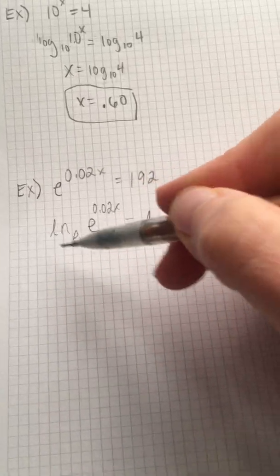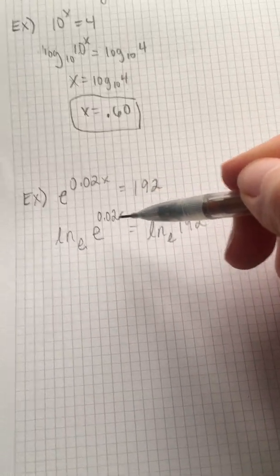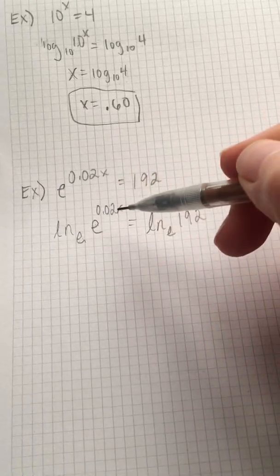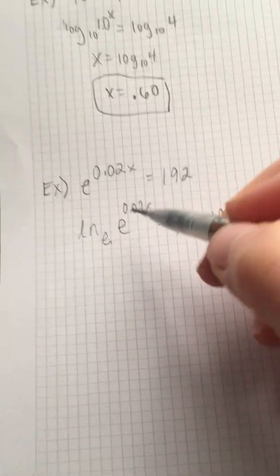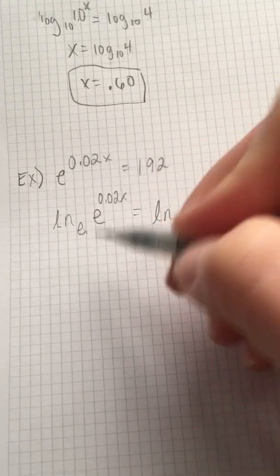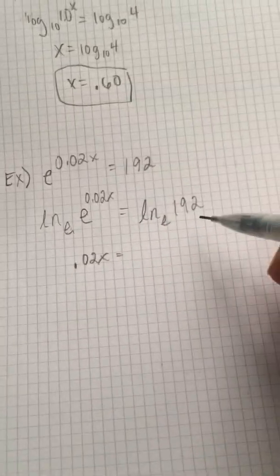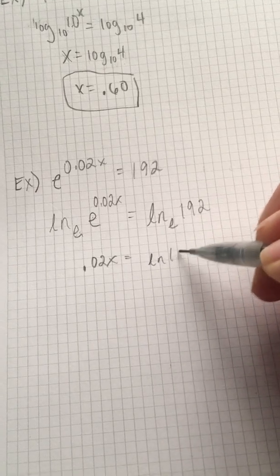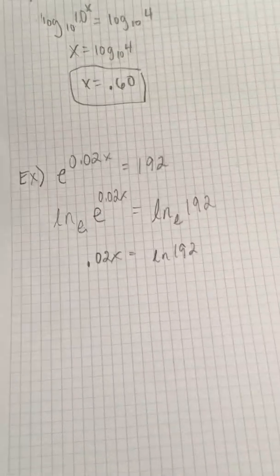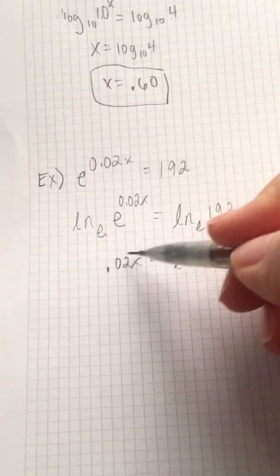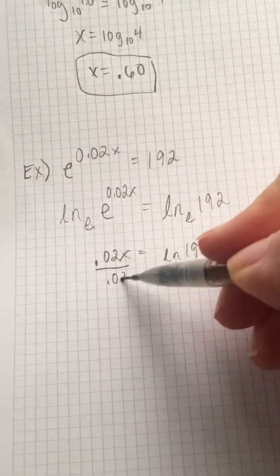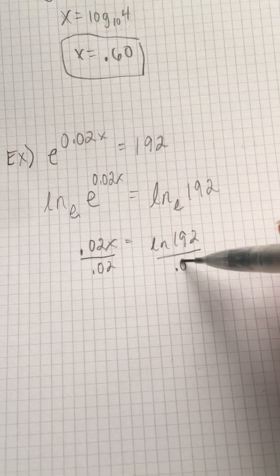You should know that this piece would then be a 1, and so you get 1 times this value, or this entire thing is the exponent. So 0.02x equals the natural log of 192. Now I don't have to put that base e there. And then I divide by 0.02 to get my x alone.